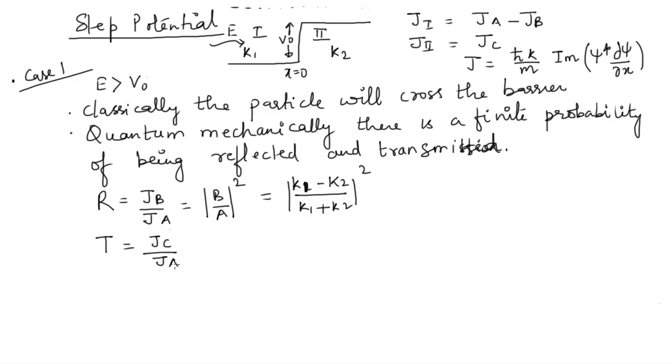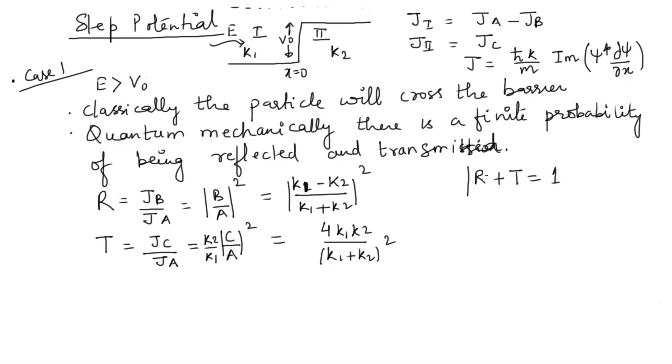And then the transmission coefficient I get as Jc, the current transmitted in region 2, upon the current incident. This came out to be mod C by A square, and because the momenta in both regions are different, I got K2 by K1 here. This T I got as 4 K1 K2 upon K1 plus K2 whole square. Also, I showed that R plus T is equal to 1.